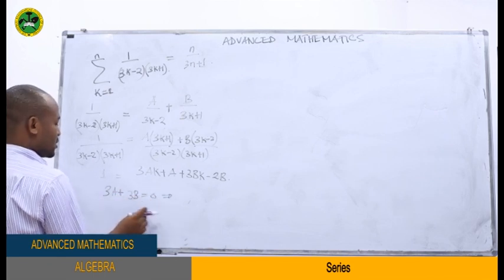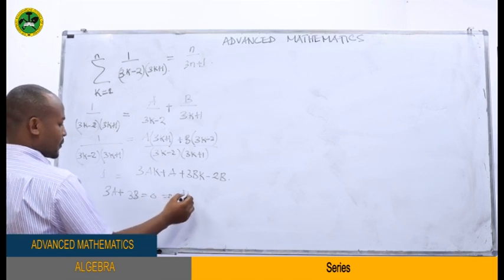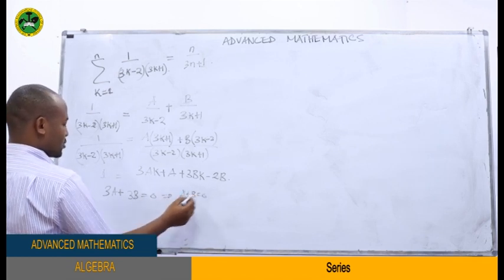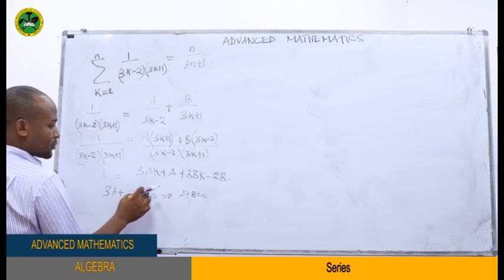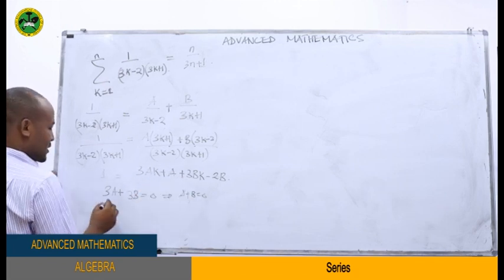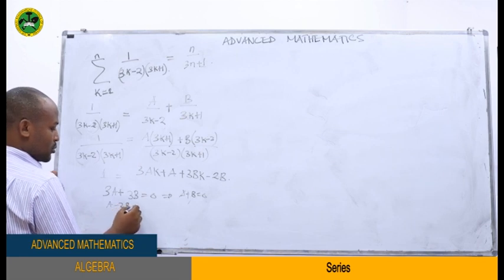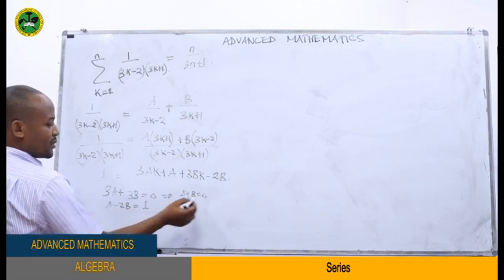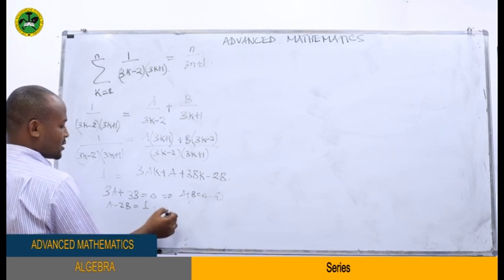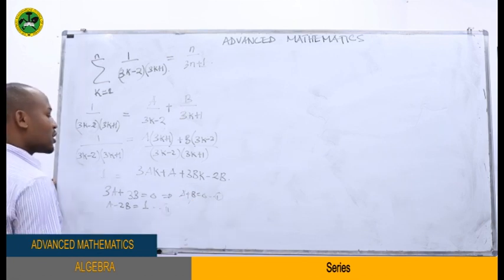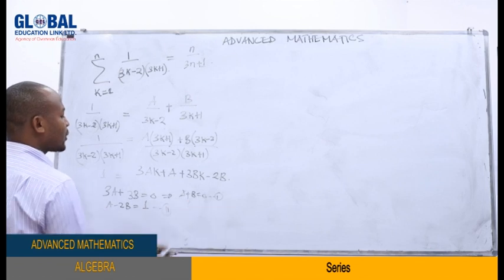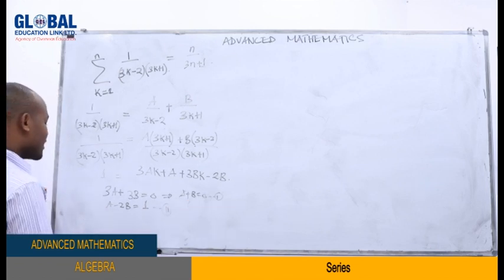This implies that A plus B equals 0. And then the constants: A minus 2B equals 1. That means this is our first equation and this is our second equation. We can use those two equations to find the values of A and B.